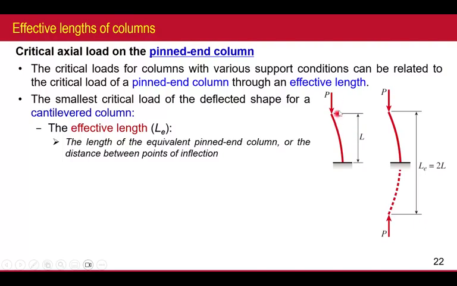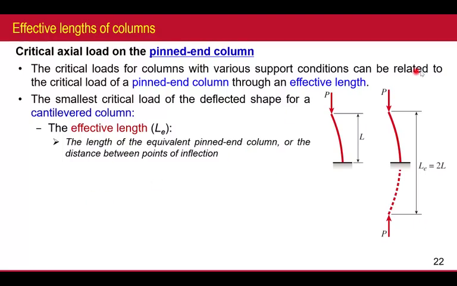For this kind of case, it still produces buckling if the load is enough. But we see it like this as an extension, about 2L for the effective length. The effective length is the length of the equivalent pin-end column.